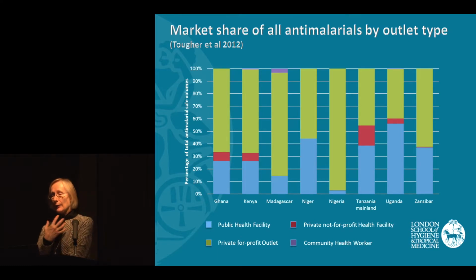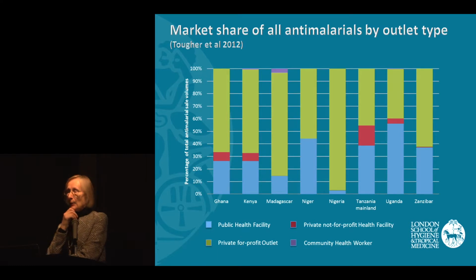And so this type of pattern of drug prescribing or of drug sales presents enormous problems for changing policy, because the government can change the policy on what drug to prescribe in the public sector, but in the private sector, it's extremely difficult to control.